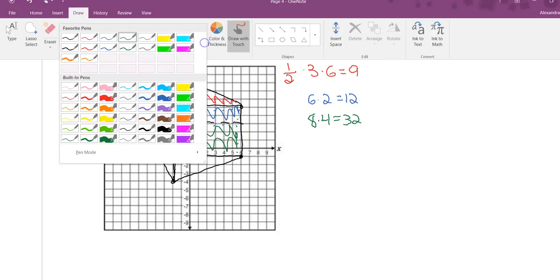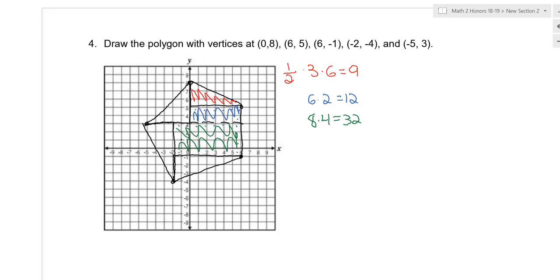Then we have our next triangle, which is 1, 2, 3, 4, 5, 6, 7, 8 by 1, 2, 3. So 1/2, which is 12.